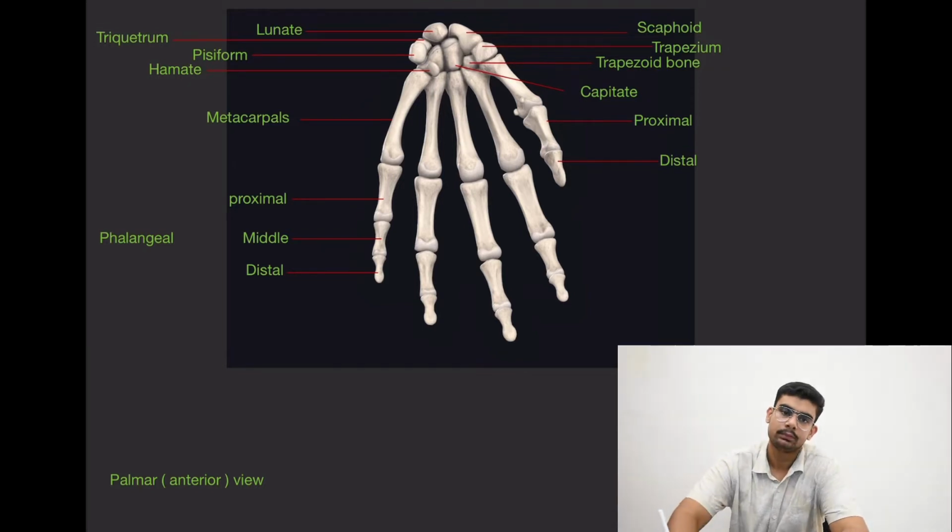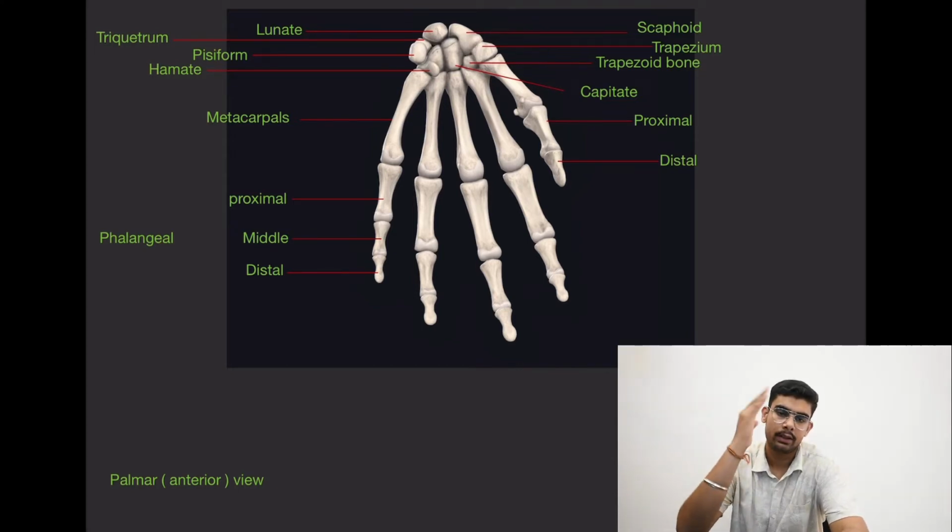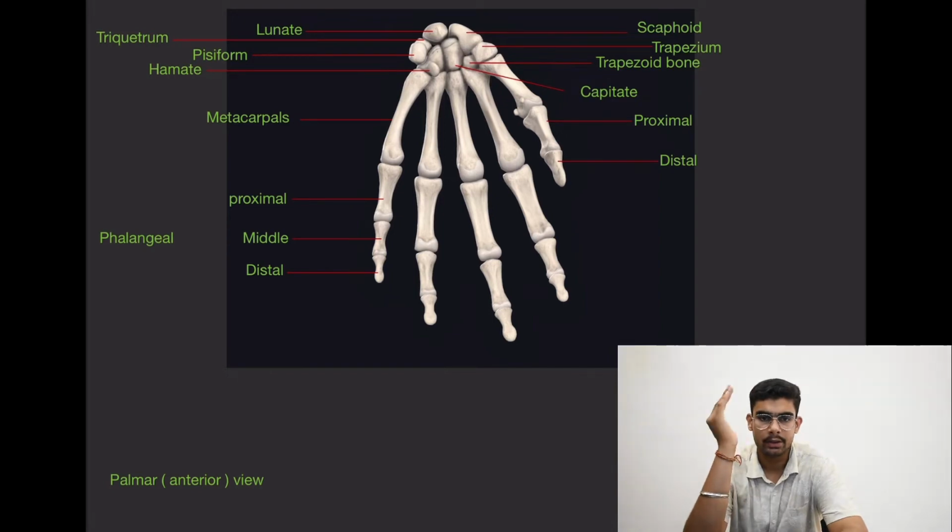trapezium. These are cuboidal bones and articulate with each other and with radius and ulna on the proximal side and to the metacarpals on the distal side. These are the bones which form this joint, which is also known as wrist joint.